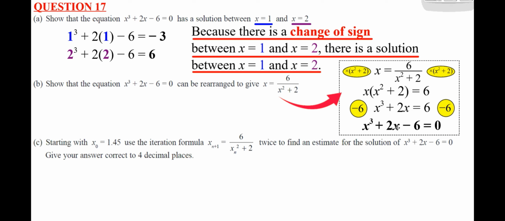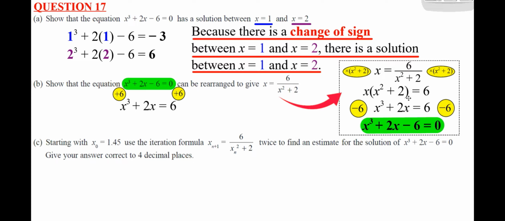We can now reverse what we've done and answer the question. So starting with x cubed plus 2x minus 6 equals 0, we add 6, going in reverse, to get x cubed plus 2x equals 6. We could now factorize it like I've shown here to make it clearer: x lots of x squared plus 2 equals 6.